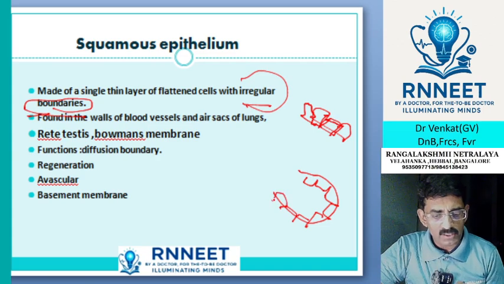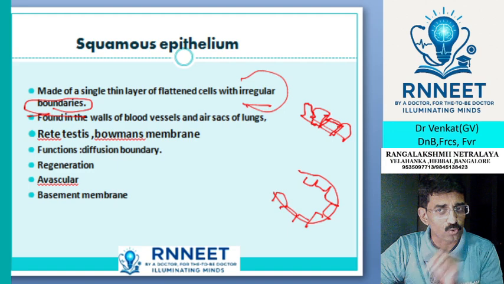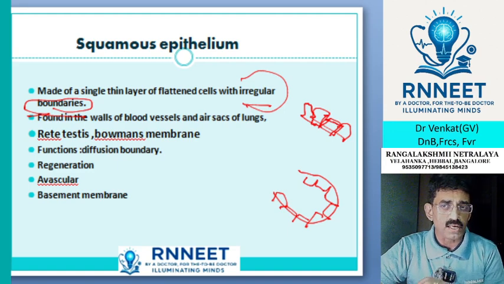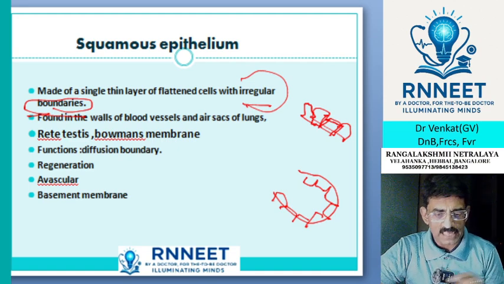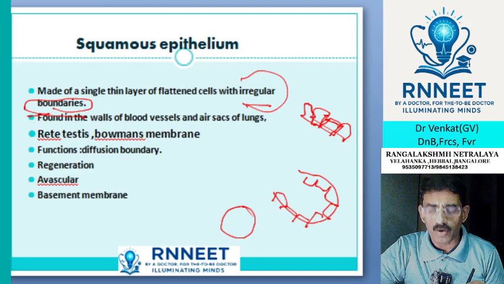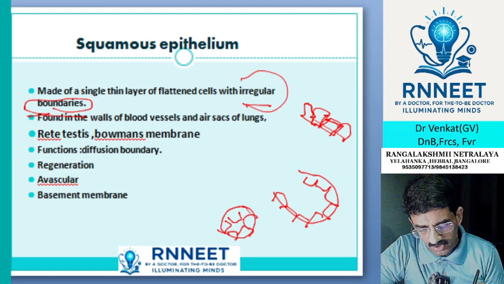A similar kind of thing is what you get in the rete testis. You would have probably read it in reproduction in class 12th, for those who are revising. The 12th standard students who are now revising will understand how the rete testis consists of different areas or round cavities, with a single layer of cells covering them.